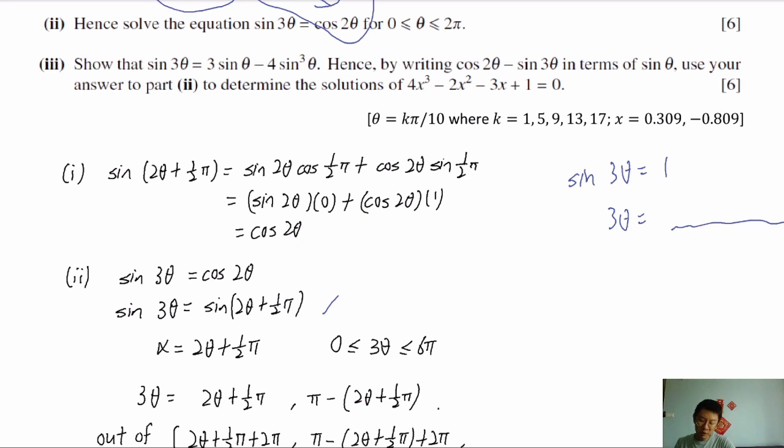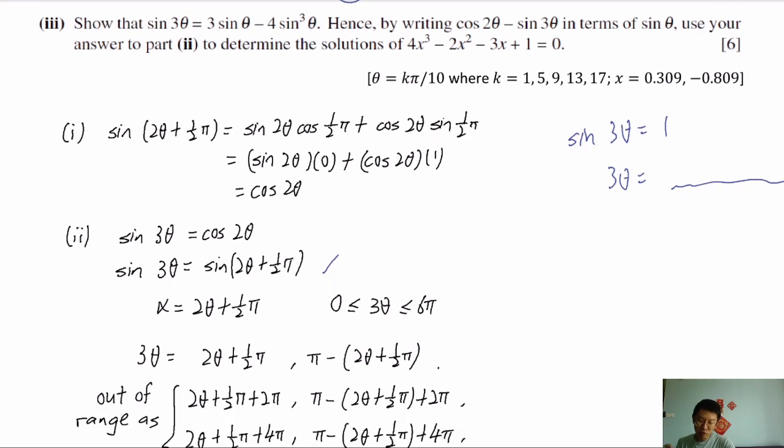So what we do here is try to fix the 3θ. Let's say we are trying to solve for 3θ, and we have got a sine of this angle, 2θ + ½π.